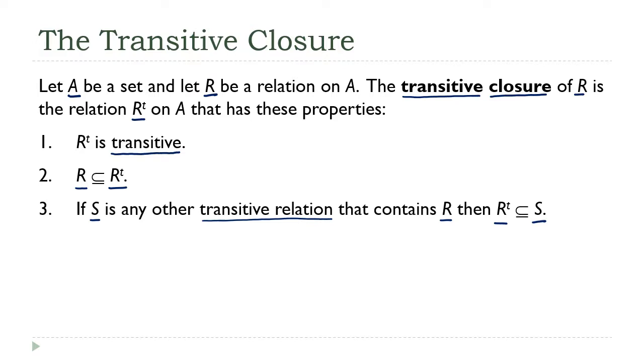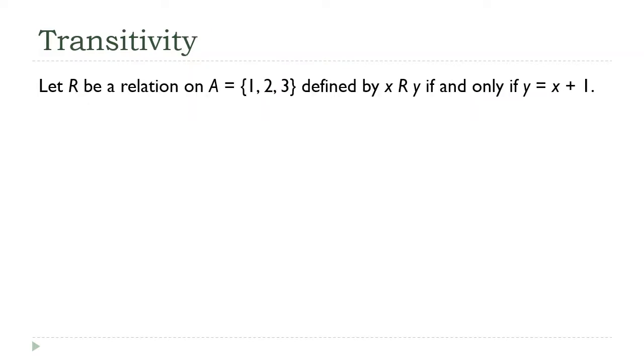All right, so let's see what this is going to look like. Back to our original relation here. What we need to do is start by thinking about what the original relation is in terms of ordered pairs. So we have the ones we saw previously.